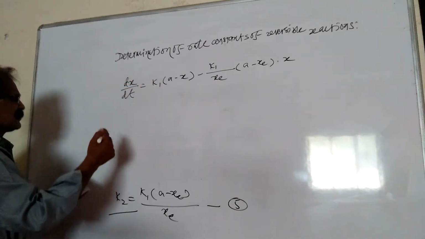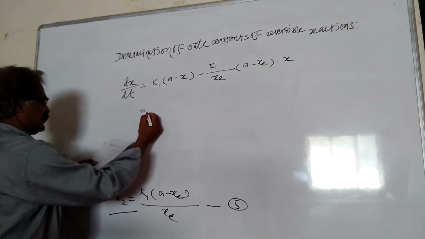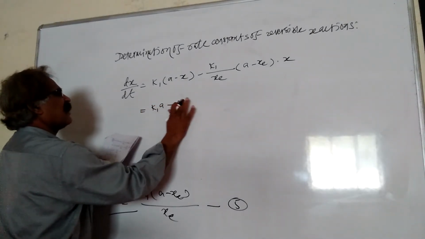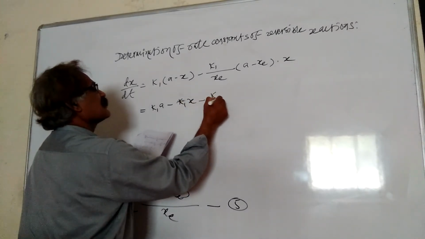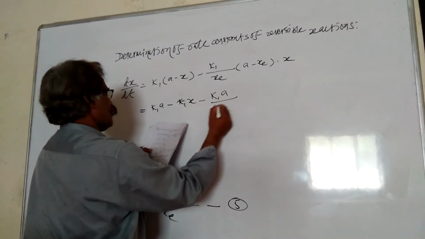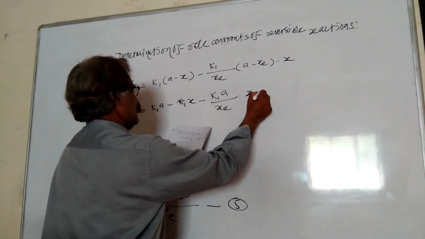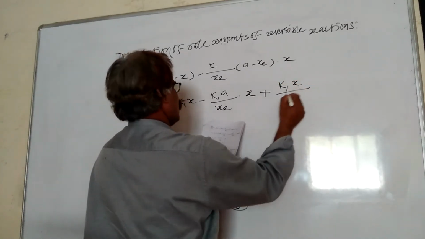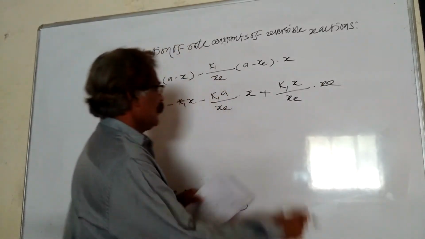Let us simplify this. dx upon dt is equal to K1a minus K1 into x minus K1 into a upon xe into x plus K1x upon xe into xe.